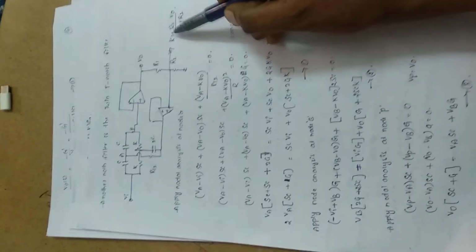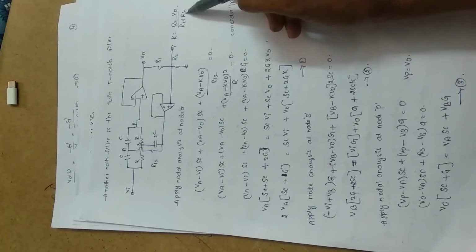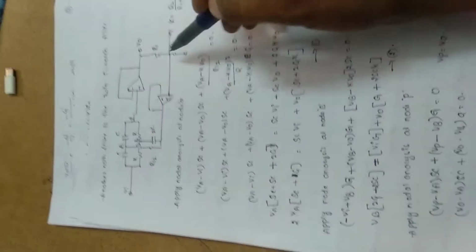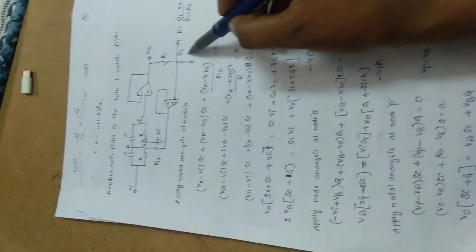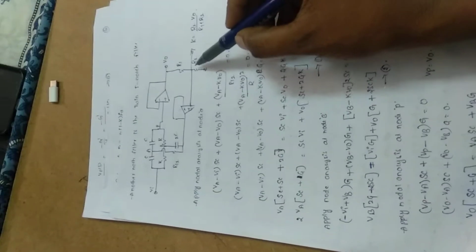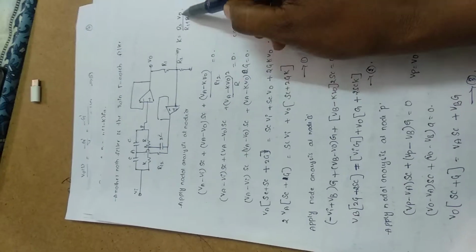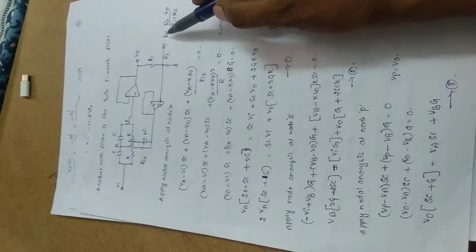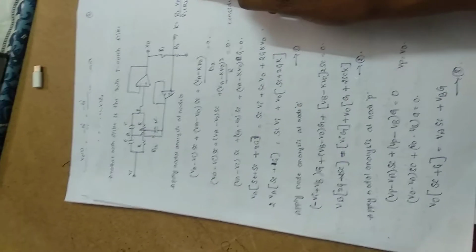So K equals R2 by R1 plus R2 into V0. The voltage at this point is the voltage across the R2 resistance, which is the entering voltage V0 times R2 by the total resistance R1 plus R2.